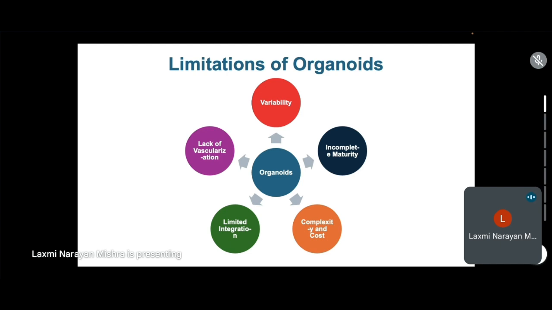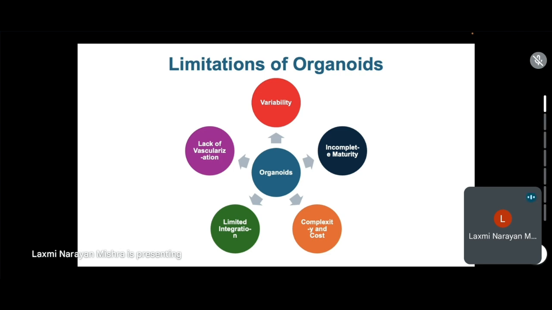Similar things that I discussed apply to organoids. There is lab to lab variability, and it's an upcoming field in the drug development area. Sometimes they don't mature fully. For example, if we need to get mature neurons, there may be immature neurons 90% of the time, and only 10% are mature neurons.